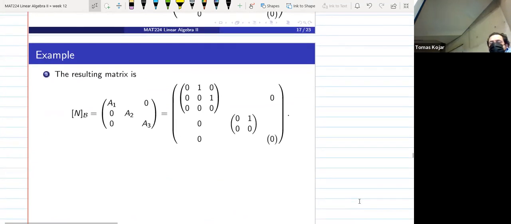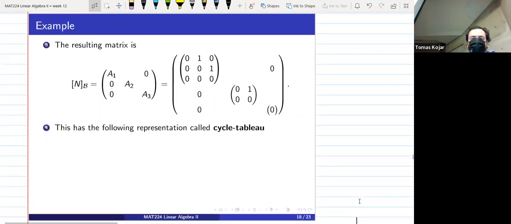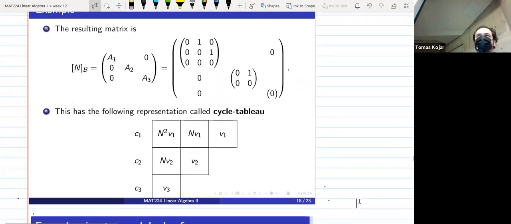Good. Now, in the last few minutes, and we'll continue on Friday, is the cycle tableau. So please, if you don't understand, just push me till you understand it. Let's do this very slowly. Once you find the basis, and we'll explain how you do it, you form the following table.